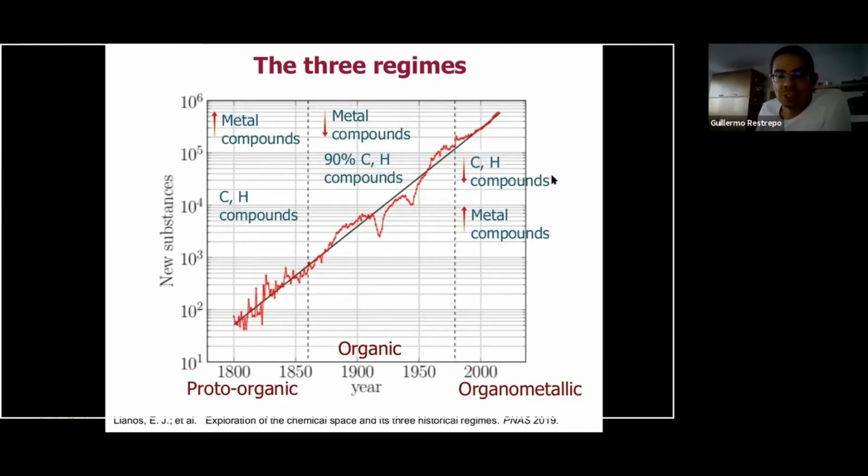Here in 1860, and here in 1980, something happened, as Jose Chamizo was mentioning. It was something like a revival of metal compounds, but attached to carbon. That means organometallic compounds.